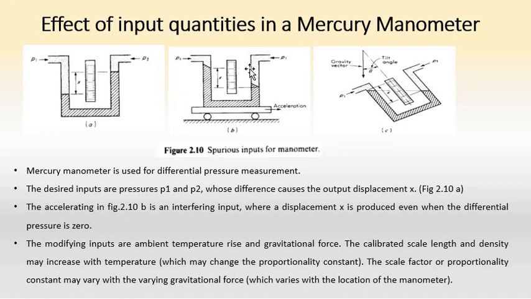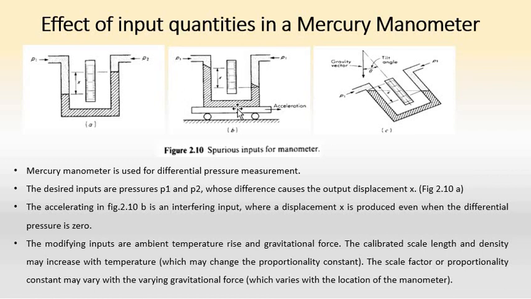So this is a modifying input, and the other modifying input is gravitational force. Gravitational force may vary depending upon the location of the manometer. If you move this manometer to some other country, or to some other height, then the gravitational force of attraction upon the mercury manometer differs.